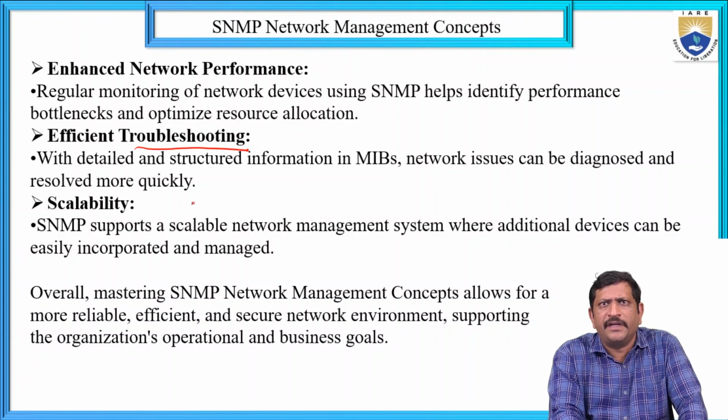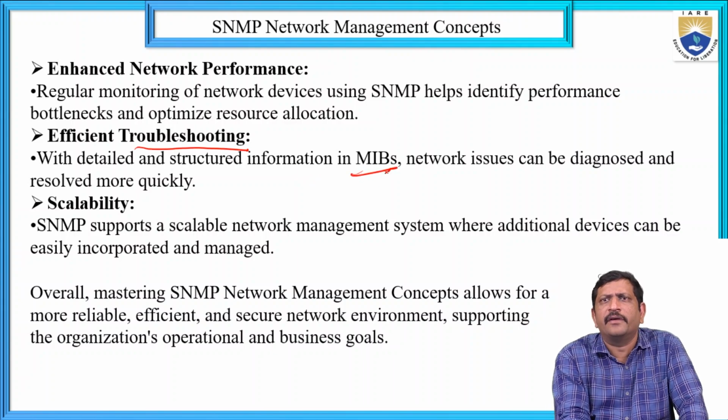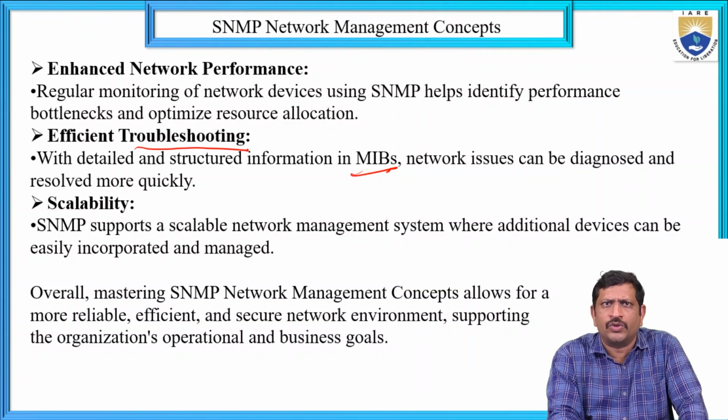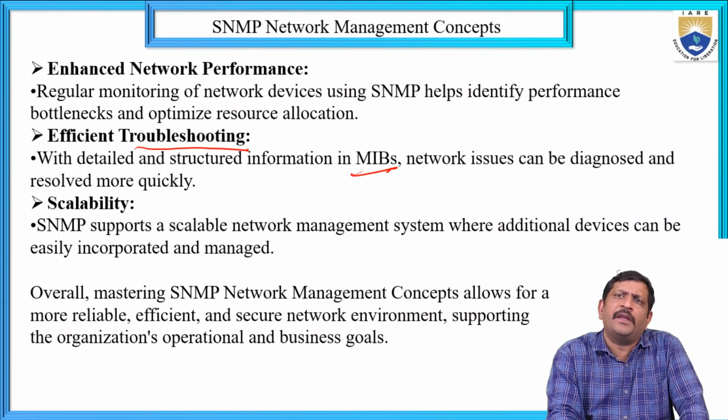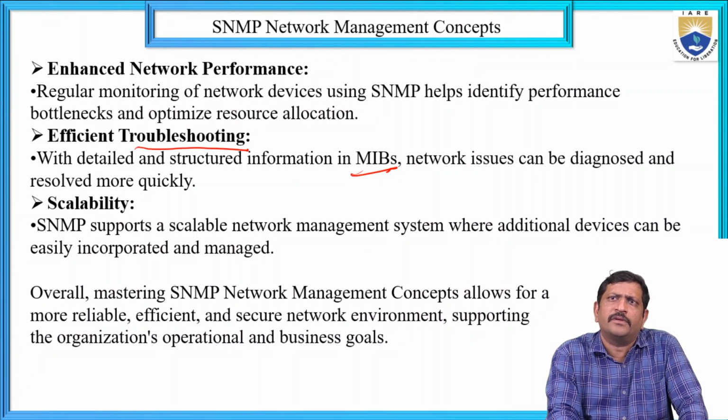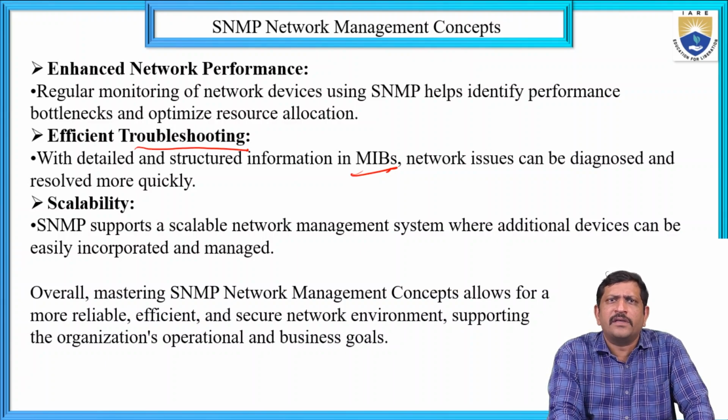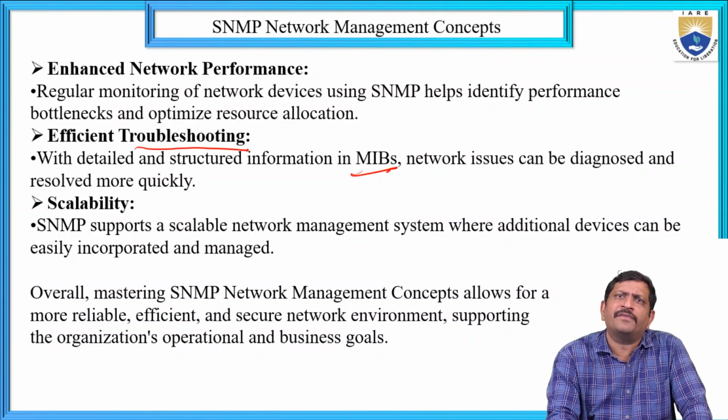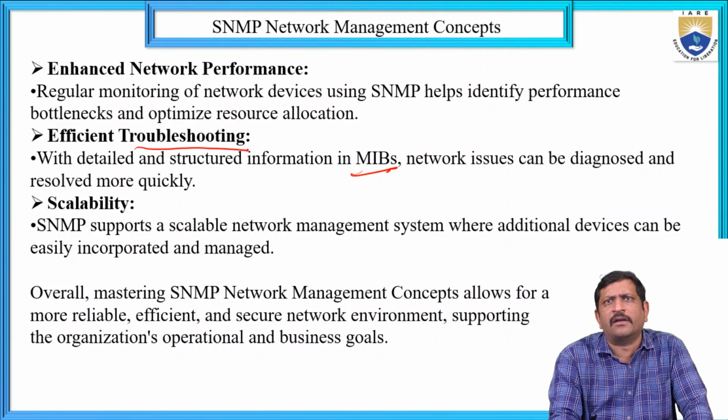With detailed and structured information in the MIB, network issues can be diagnosed and resolved more quickly. If there is any network problem or transmission problem, it can be resolved within a fraction of a second with the help of this management technology.